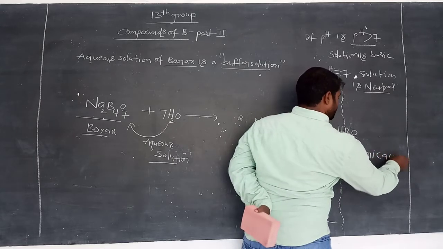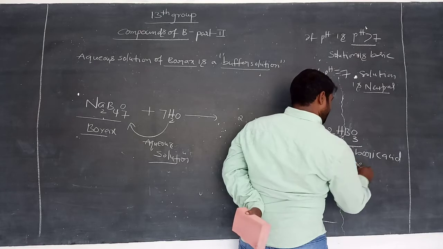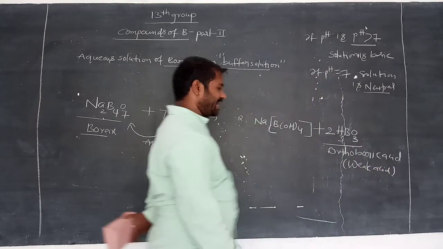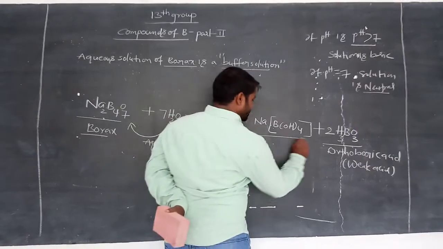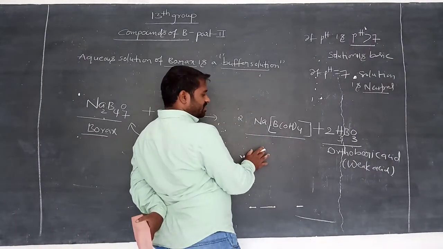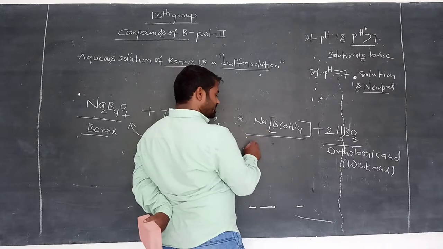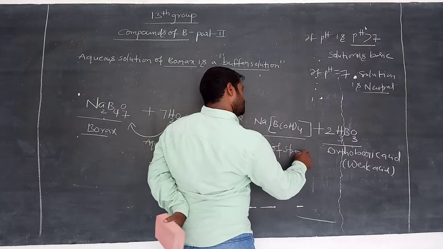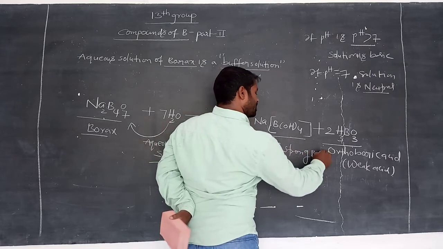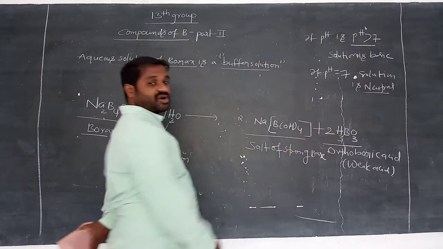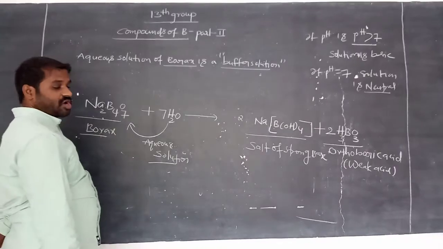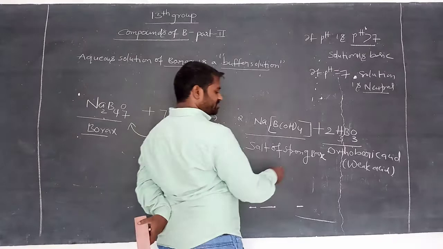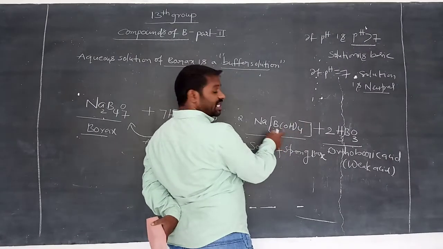So now it gives orthoboric acid. It is a weak acid. Now the other is a salt, a salt of a strong base. Strong base means like NaOH. This is a salt from NaOH.